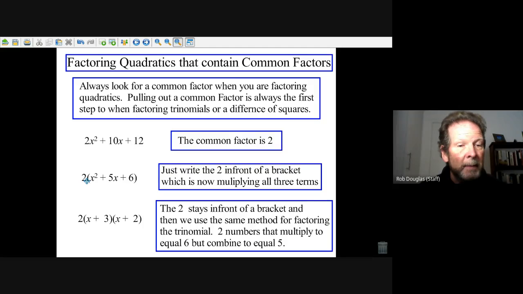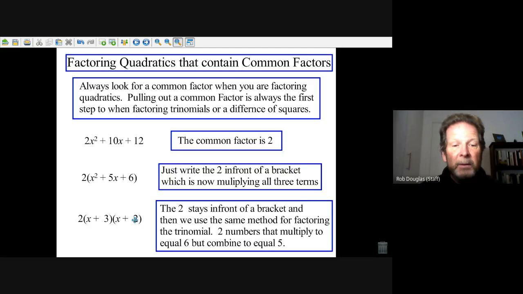To do the next step, you bring down the 2 because that's a common factor. It's part of your answer. It's got to be there. And then you just factor x squared plus 5x plus 6 like we learned in the last section. You write down x and x, the only way you can get x squared. And now the last two numbers have to multiply to equal 6. You could put a 1 and a 6, but it wouldn't give you the right answer.